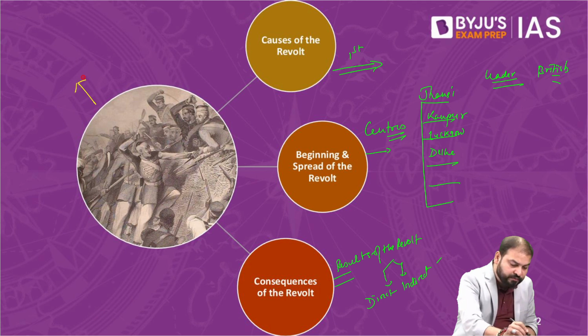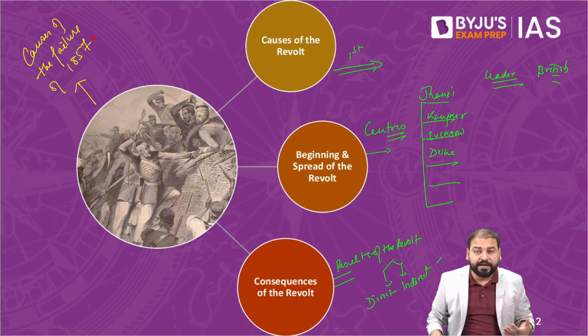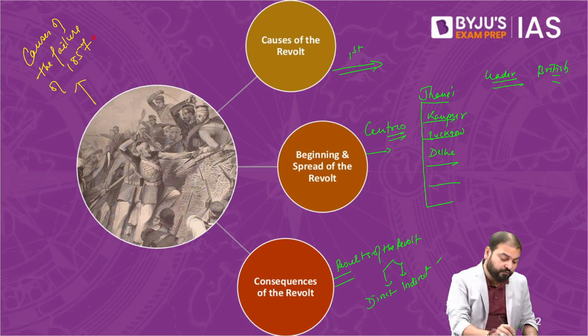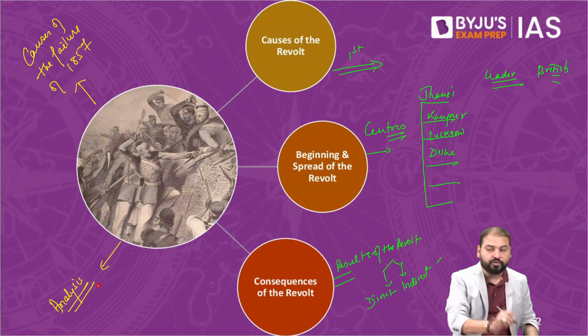Fourth part, we shall look into the causes of the failure of 1857. You will see that this revolt had failed, so we look into the reasons for the failure of the revolt. And the fifth thing is, after this, we'll do an analysis of this revolt.